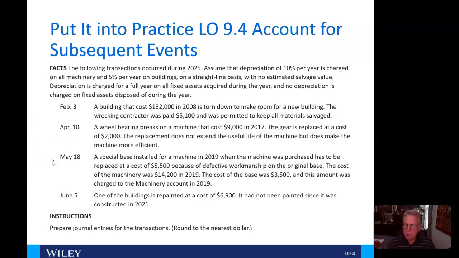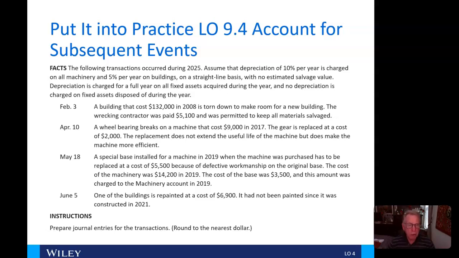May 18th. A special base installed for a machine in 2019 when the machine was purchased has to be replaced at a cost of $5,500 because of defective workmanship on the original base. The cost of the machinery was $14,200 in 2019.